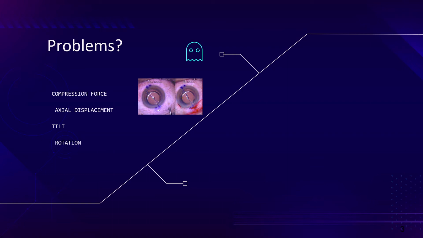Rotation is a crucial factor in toric and asymmetrical multifocal IOLs, while decentration and tilt are important in pupil-dependent multifocal and asymmetry IOLs. The conclusion is that these parameters affect the optical performance and efficacy of these IOLs, resulting in significant visual disturbance.